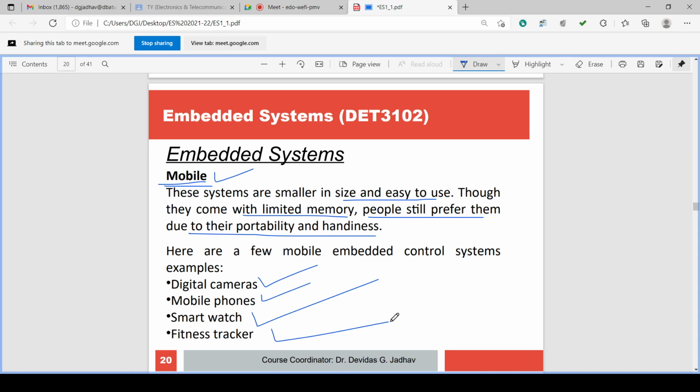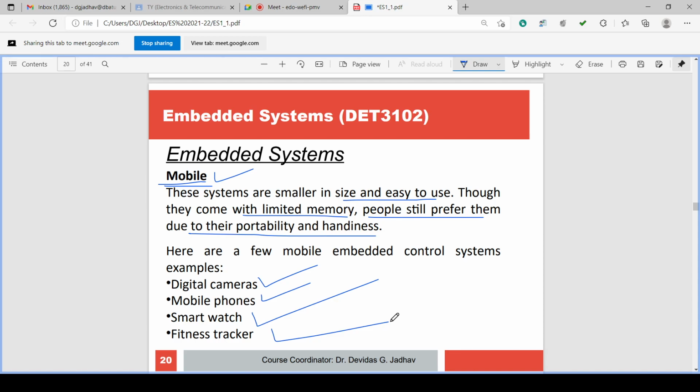The mobile phone itself is an embedded system, which is a mobile embedded system, and in this embedded system again many facilities are embedded. Camera is embedded, calculator is embedded, and other health related sensors are embedded.